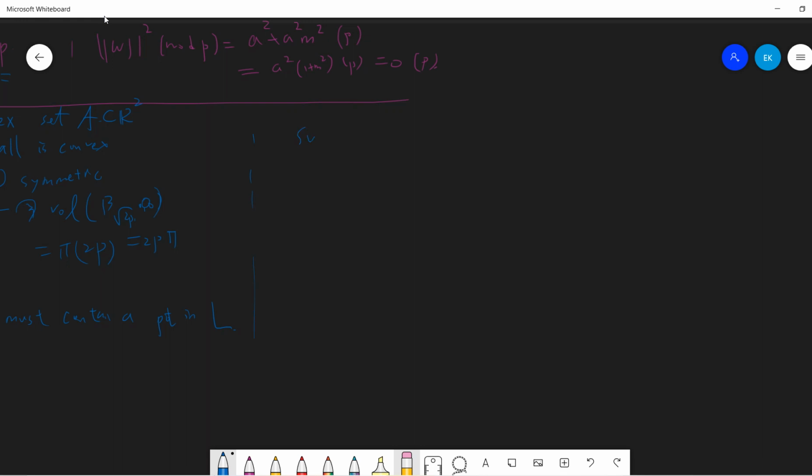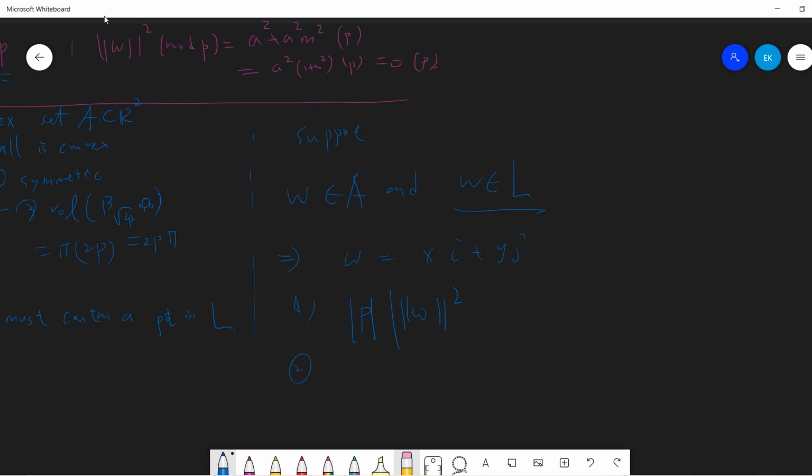So suppose omega is in A and omega is in L. Suppose omega is equal to xi plus yj. What we have, the first condition is that since omega belongs to L, p divides the norm squared of omega.